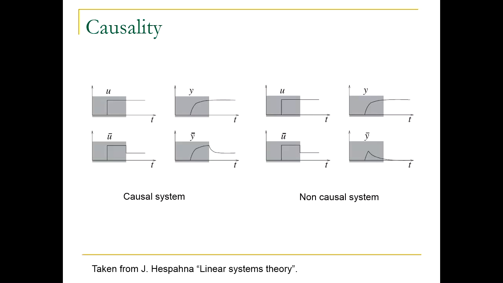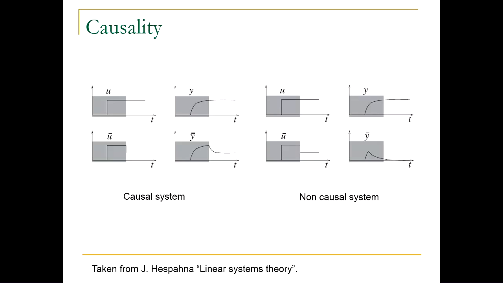The causal system would produce exactly the same output because the future change in input did not affect the current value of the output. So note that, yes, the output will change after the shaded region, but within the shaded region, there is no change.